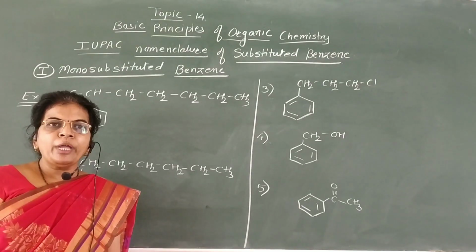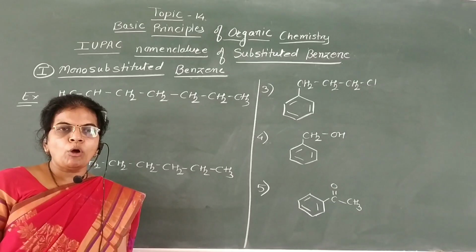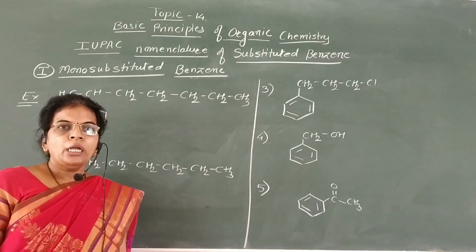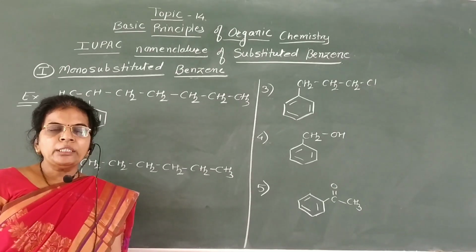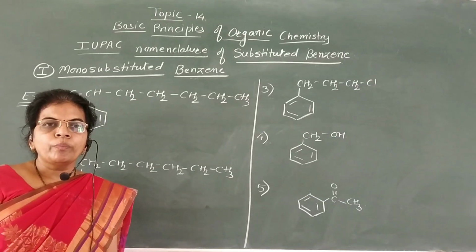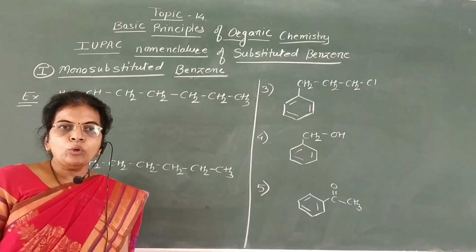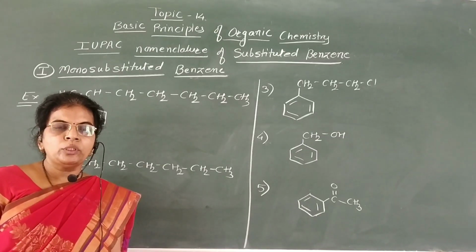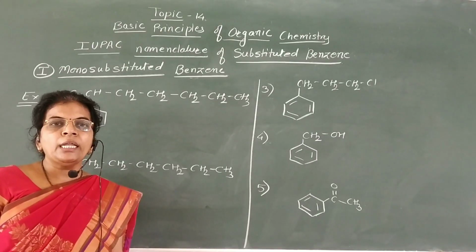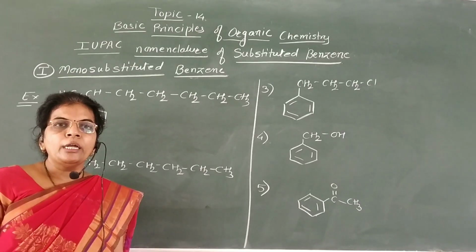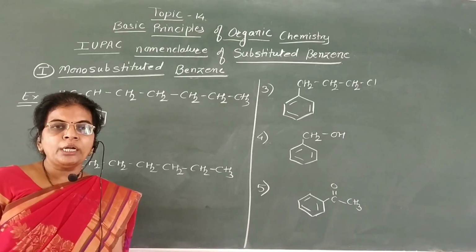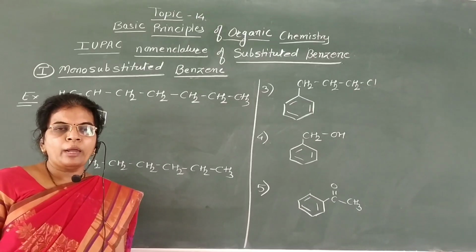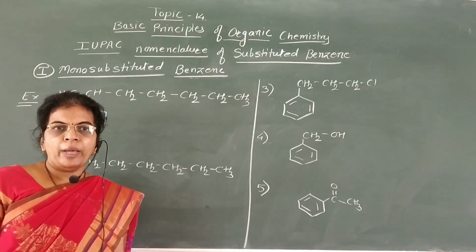Now the next point is the nomenclature of monosubstituted benzene, in which the benzene ring is attached to an alkyl group having 7 or more carbon atoms. Then the benzene ring is taken as a substituent, and the alkyl group which contains more carbon atoms is taken as the parent alkane.